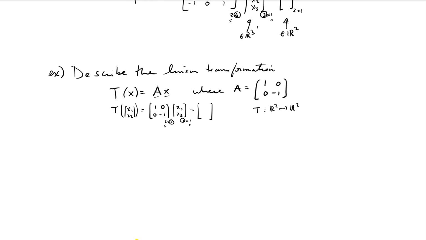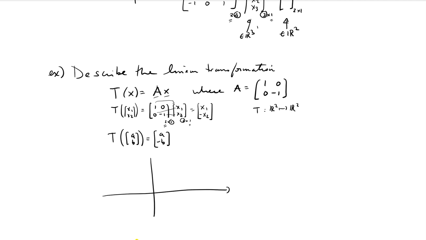I can actually just figure out what this is going to be. By performing the matrix vector multiplication, I do 1 times x1 plus 0 times x2, so we just get x1. 0 times x1 plus minus 1 times x2, that's minus x2. Maybe it's easier to look at it with a vector with coordinates a, b, and we get a, minus b. So T of (a, b) is (a, minus b).